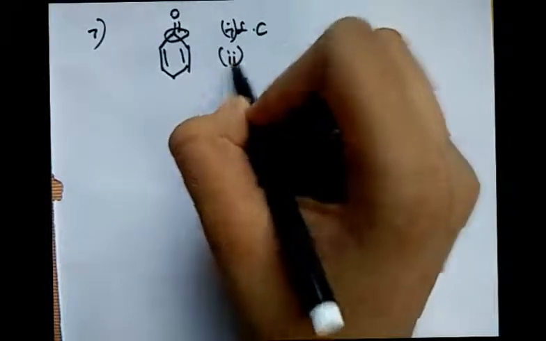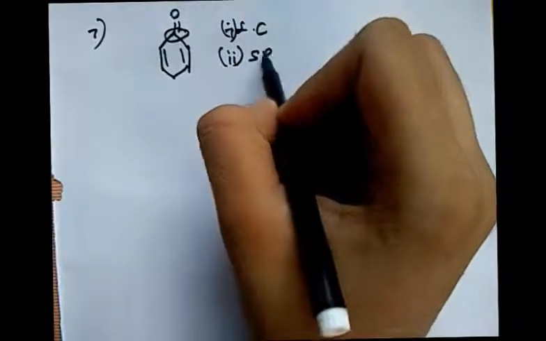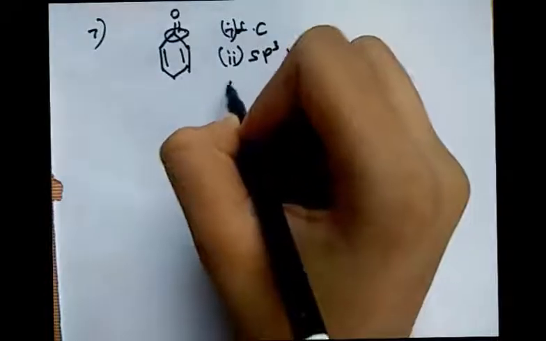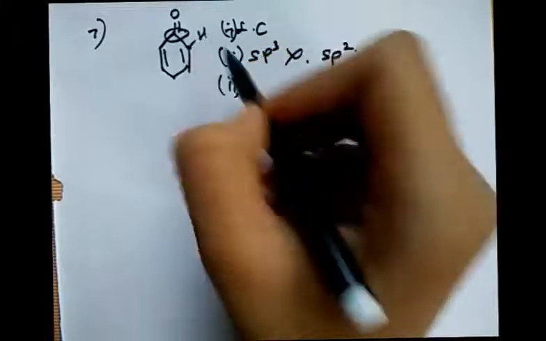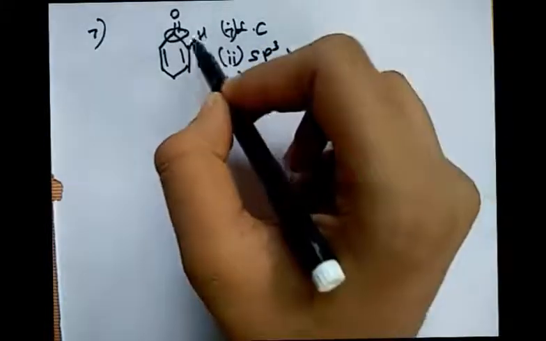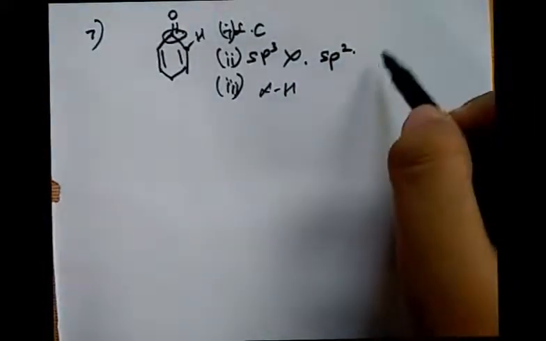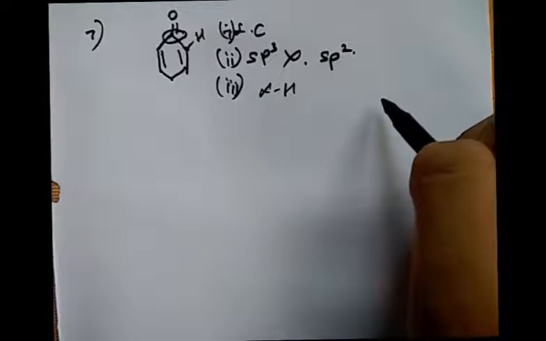Second point, about the sp3 configuration is not there, sp2 is there. And the third point, about the alpha hydrogen, there is presence of alpha hydrogen. So we can come to a conclusion that it cannot show tautomerism, but it shows tautomerism.